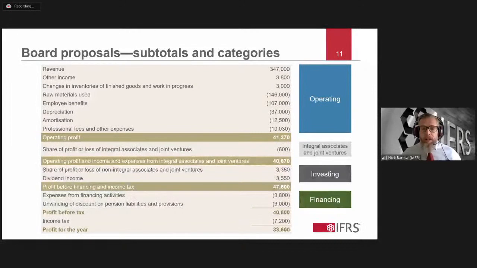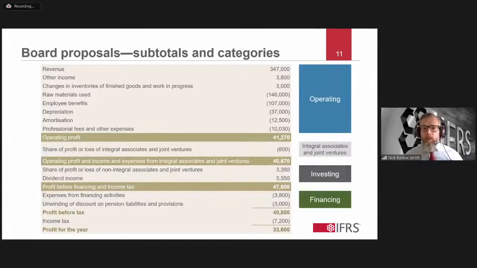If we move on then to the profit before financing and income tax subtotal down at the bottom, the aim of this subtotal is to allow for a comparison between entities independent of the financing decisions that they make. To do that, we've introduced the financing category, which would fall below that subtotal and would include expenses from financing activities, which the board has defined, but we can think of as including things that we would consider as borrowing costs today.